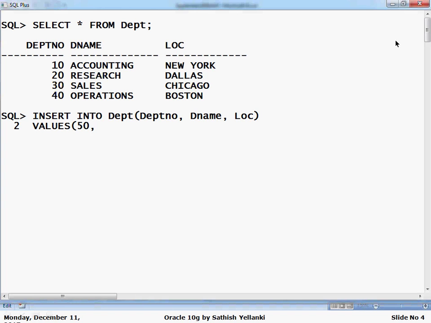Now watch carefully. I'm saying 50 comma shipping, then Chennai. Now I'm giving values to all the columns or not? Yes, our concentration is only on the department number column. It is mandatory and I provided a value. So definitely I think it's taking it.